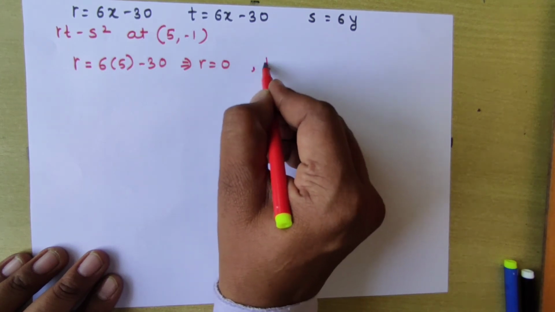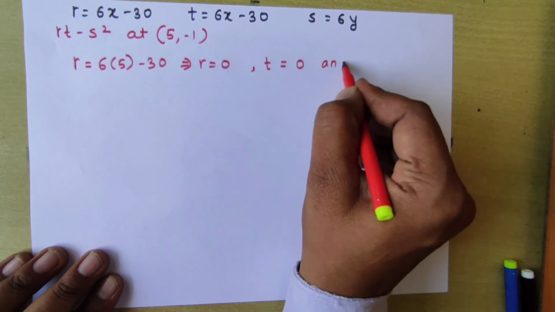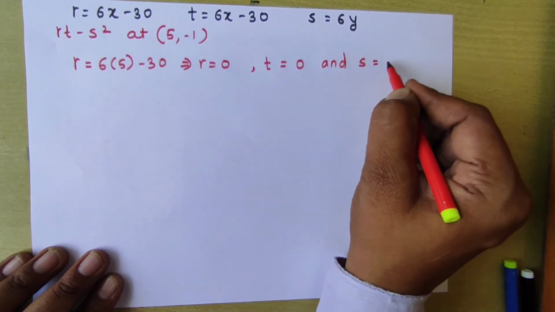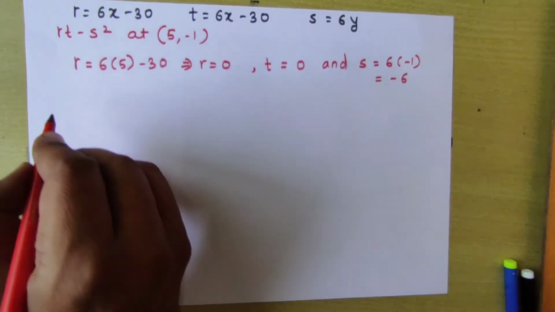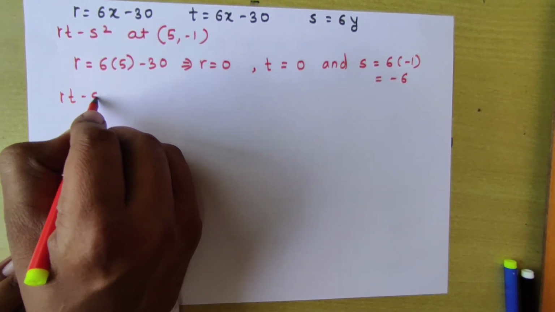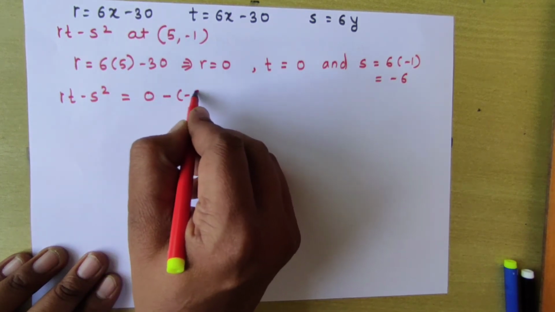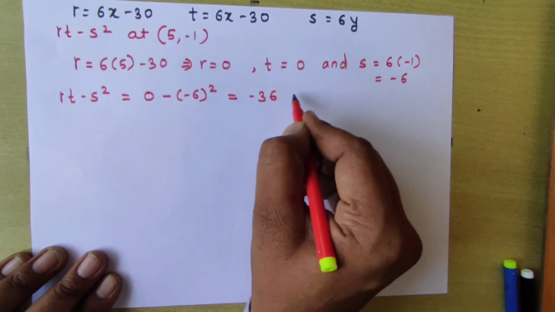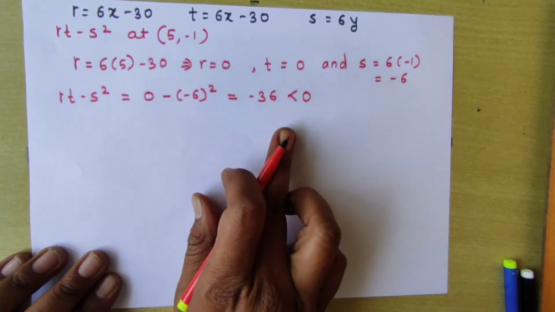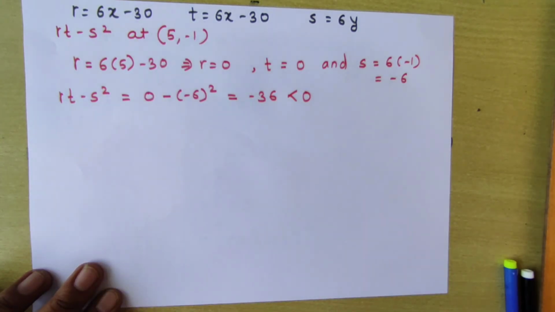Similarly, we get t is also equal to 0 and s is equal to 6 into -1, that is -6. So we get rt - s² is equal to 0 - (-6)², that is equal to -36, which is less than 0. Therefore, this point is neither minimum nor maximum.